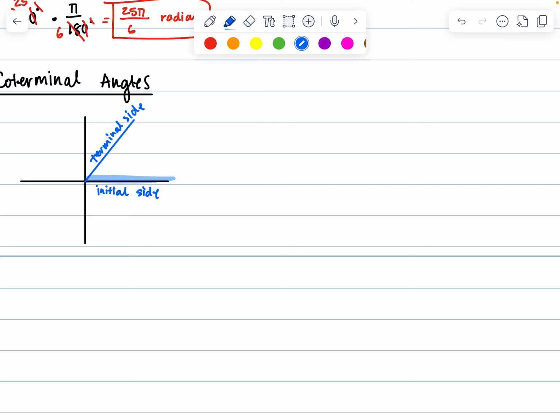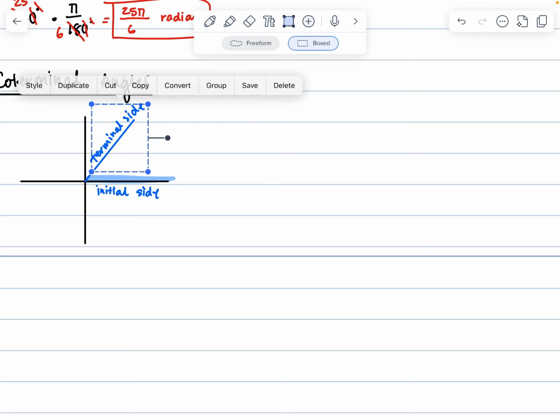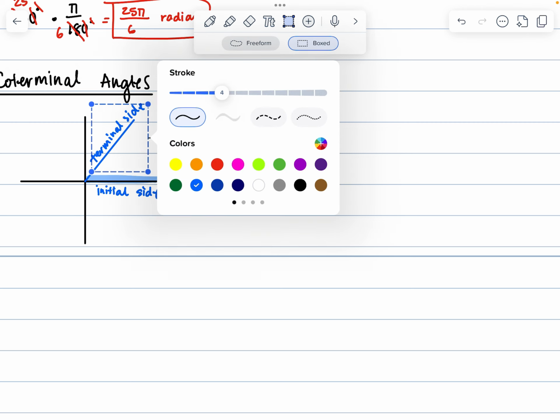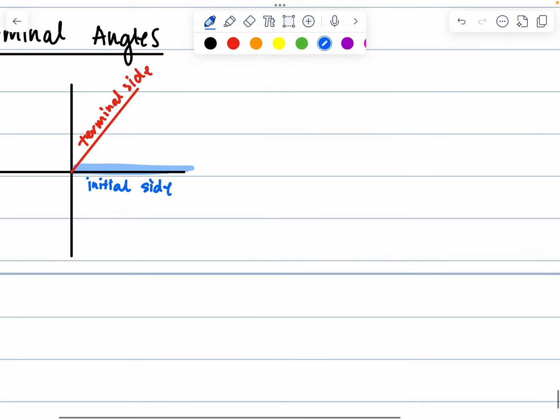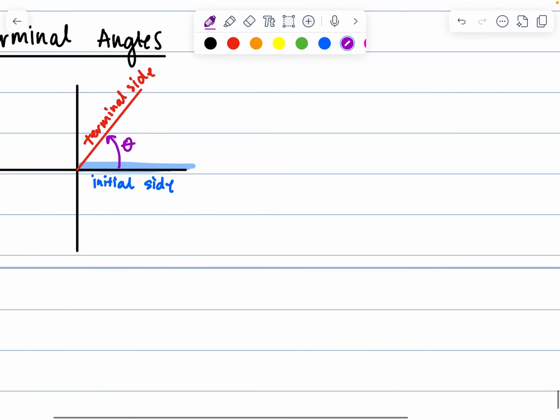And maybe I should do that in red, just because red means stop. Now, we call this particular angle here an angle. Okay, so this is a positive rotation.